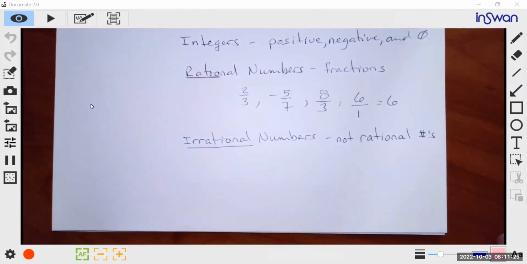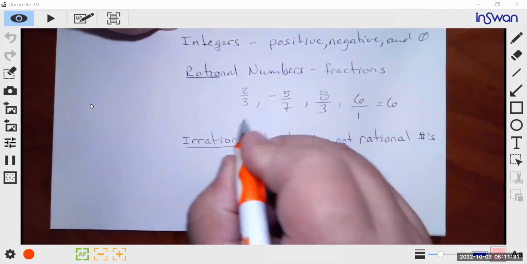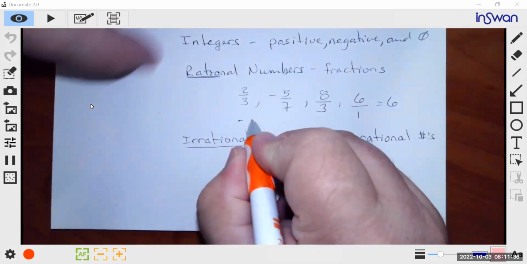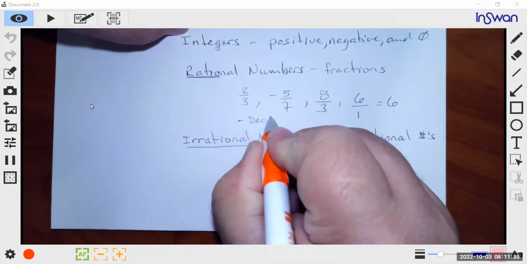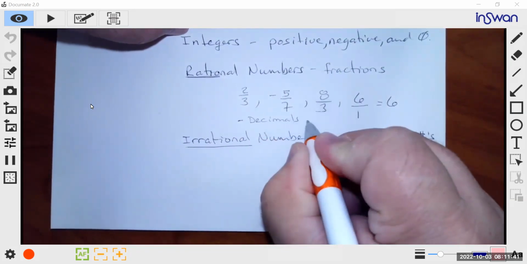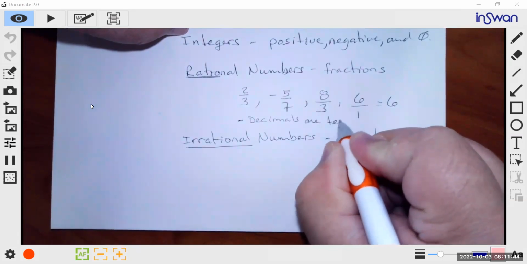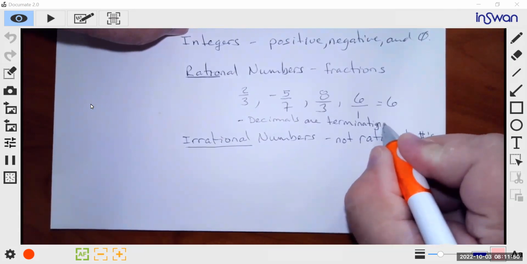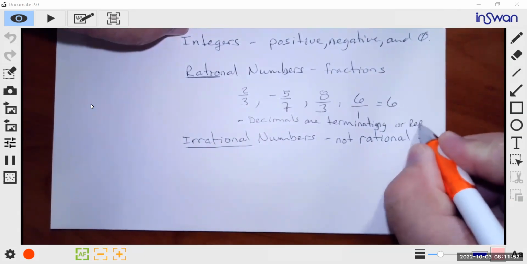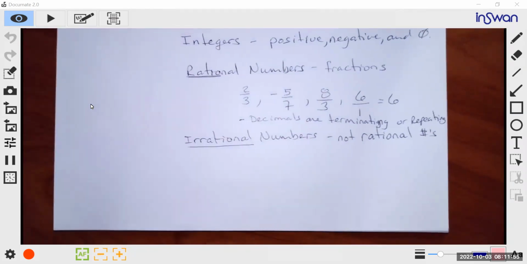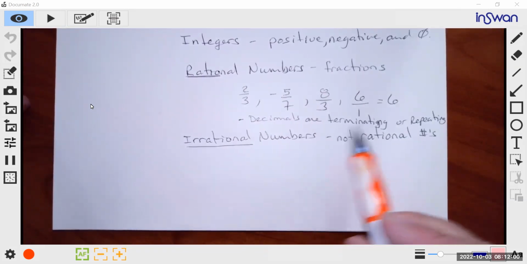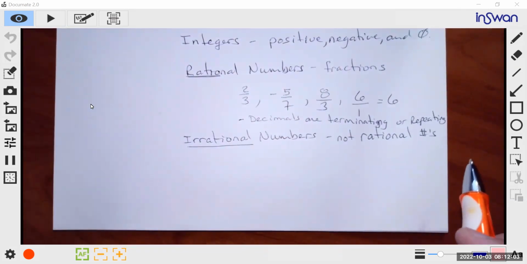What separates the two is how they're written. Rational numbers fit one of two conditions: the decimals are either terminating or repeating. Those are the two conditions.